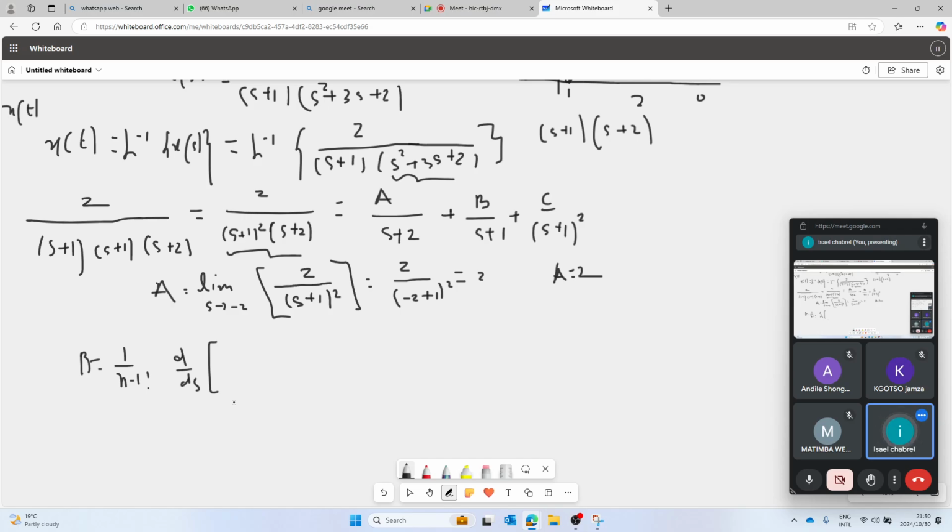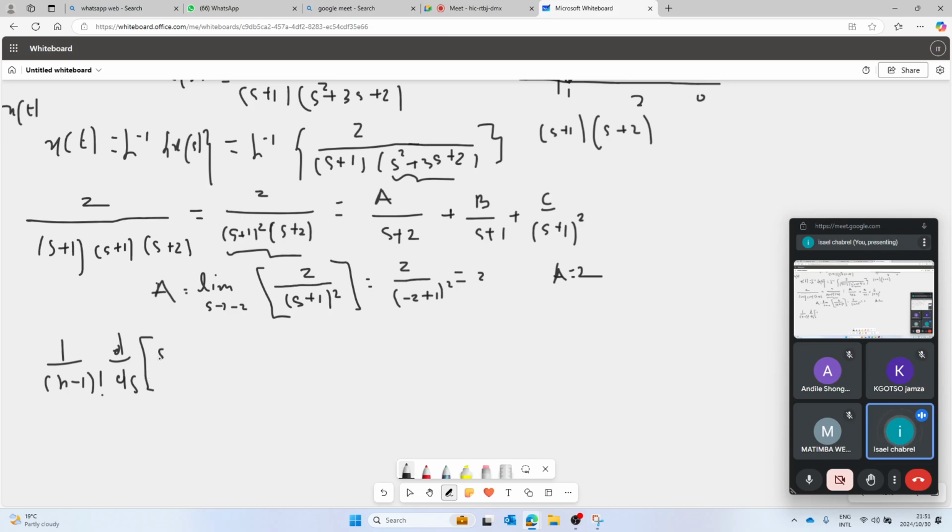The formula says, this is what it says, guys. You have 1 over n minus 1 factorial, d ds of, let's say, what we have.